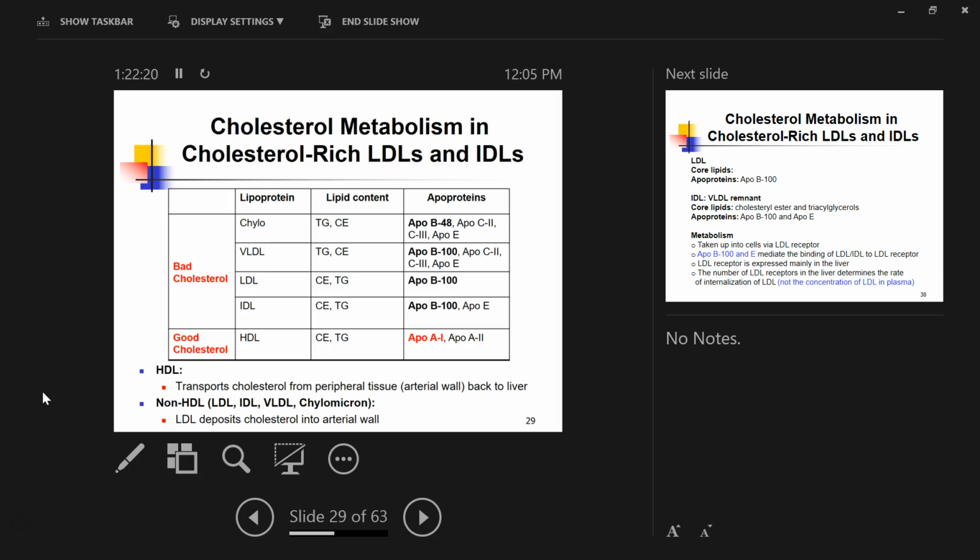If we have a higher LDL, that means you push more cholesterol into the cells, causing accumulation. If it is accumulated in the macrophages, it can form so-called foam cells, right? We're going to discuss atherosclerosis later. So it causes atherosclerosis.